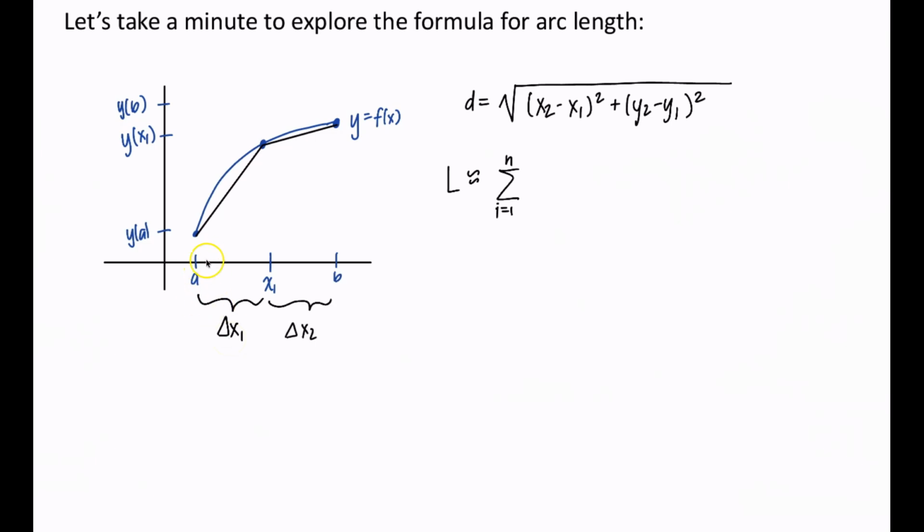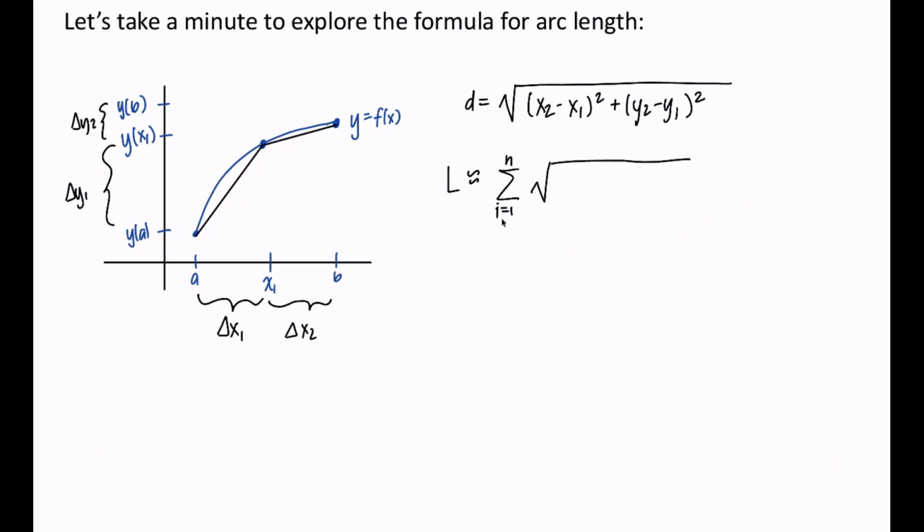And if we divided it into a bunch of little tiny subintervals, there'd be n of these. And then there's the corresponding delta y's, the change in y's. This is delta y1, and this would be delta y2. So here I would be adding up this distance formula, but here's how I'm going to write it.